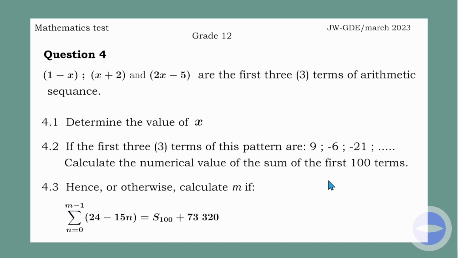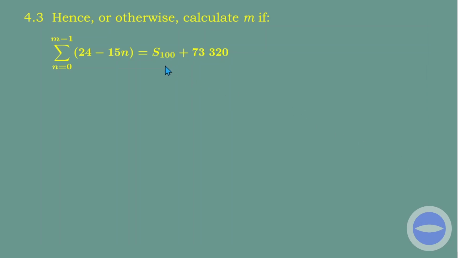So to calculate the value of m, first of all, before I calculate the value of m, let me work on this side. We know that the sum of the 100 terms is negative 73,350, then plus 73,320.